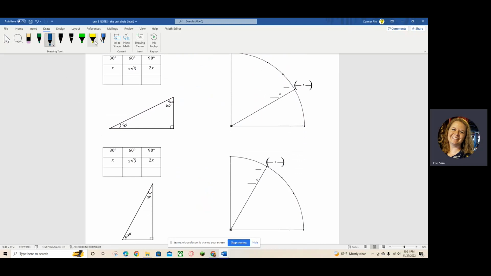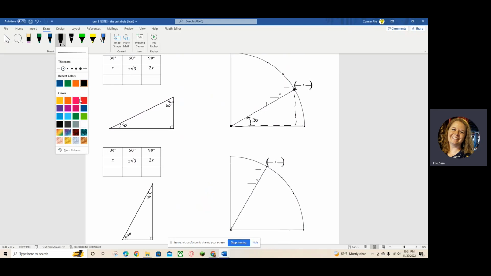Okay, so if this is a 30, 60, 90, again, I want to get to this point. I'm going to say the 30 degree is the central angle at the origin. This is the origin, 0, 0. So if I'm going to draw my triangle, I need to know how far I'm going over and up, because that's going to be my ordered pair if the hypotenuse is 1 again.